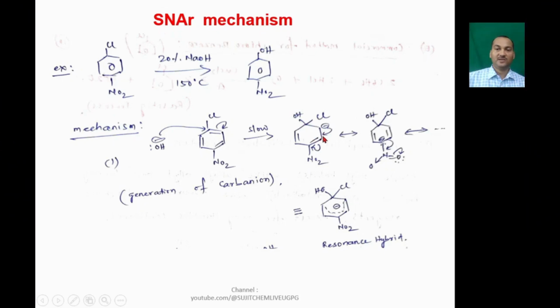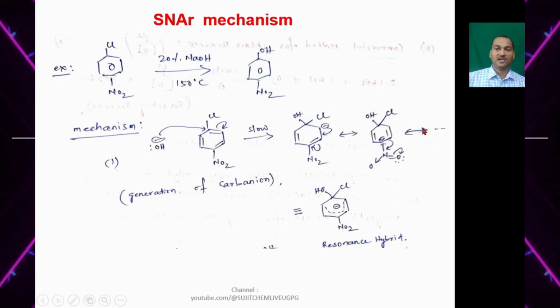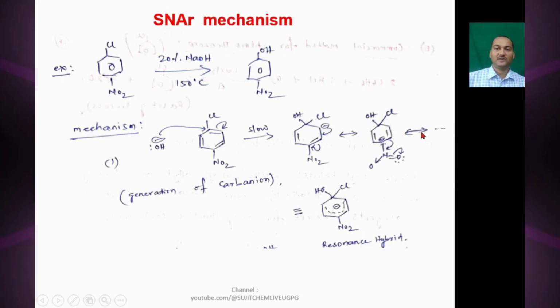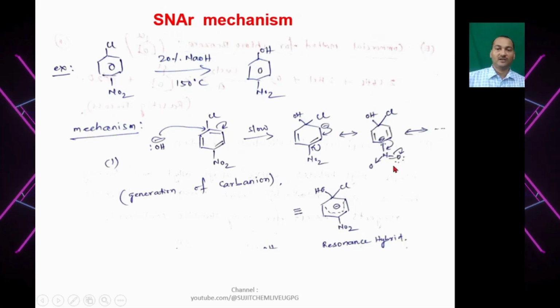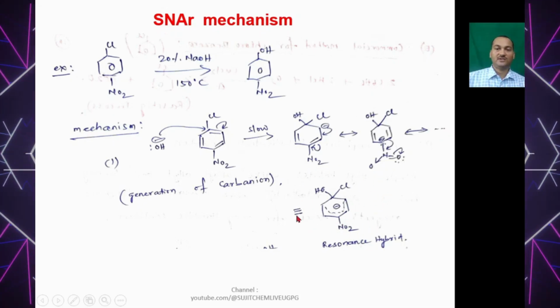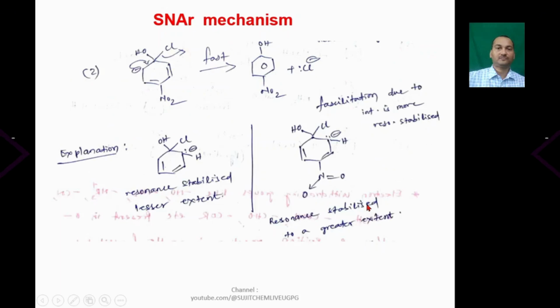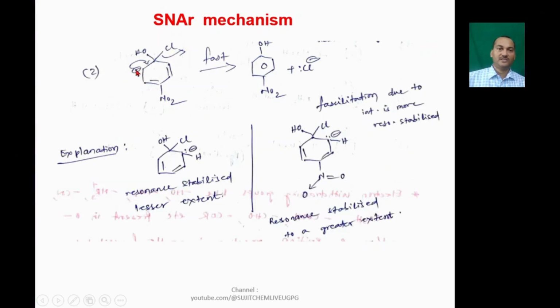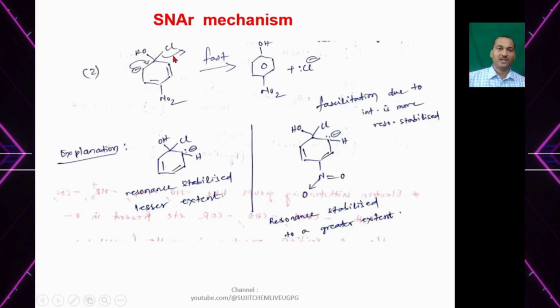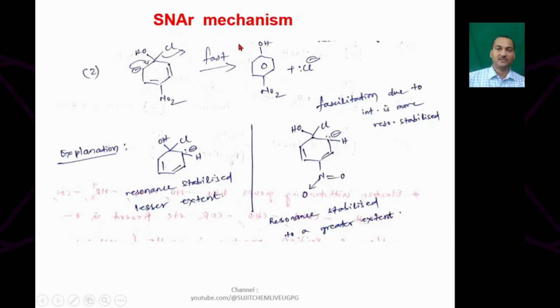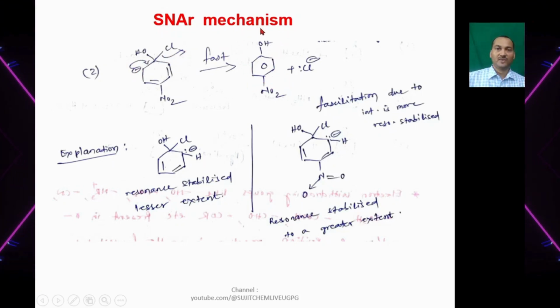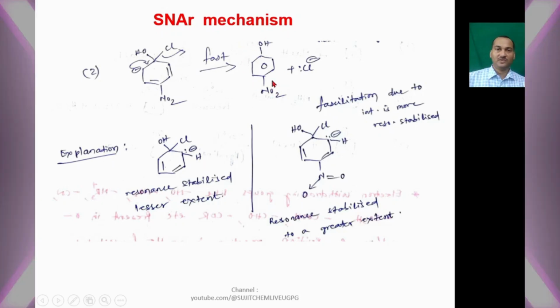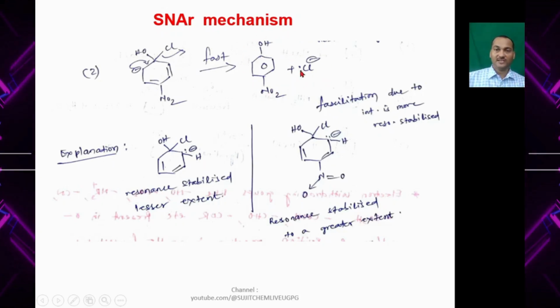So this C minus is resonance stabilized. So you can draw so many resonating structures. So as a result, you can have this resonance hybrid. So once you end up with this carbanion, this C minus will come back and it will kick out Cl as Cl minus. So as a result, you can have this nucleophile OH minus substituted plus Cl minus.